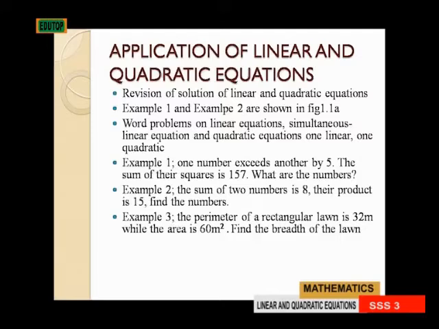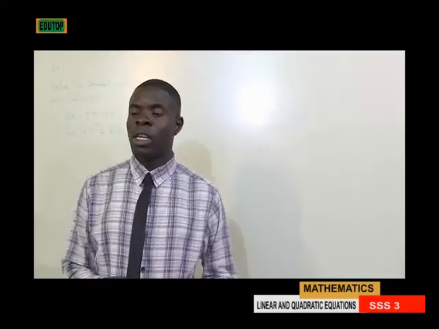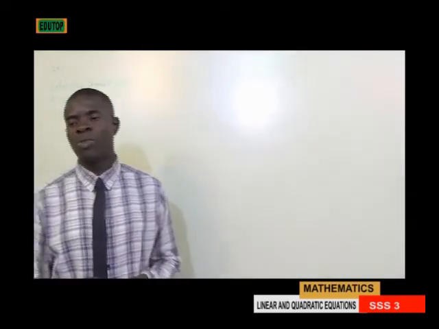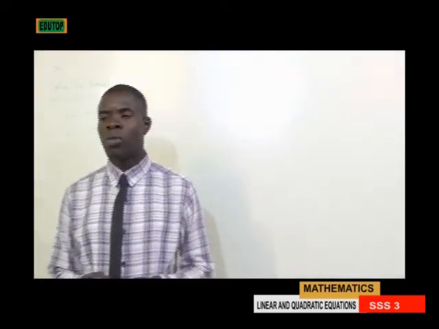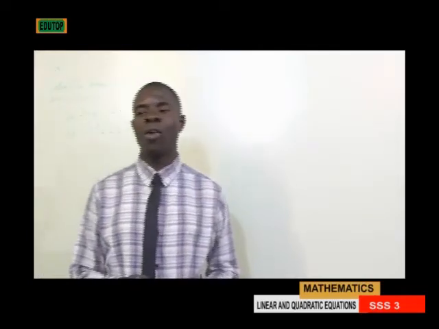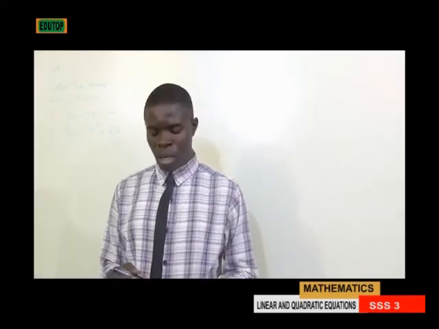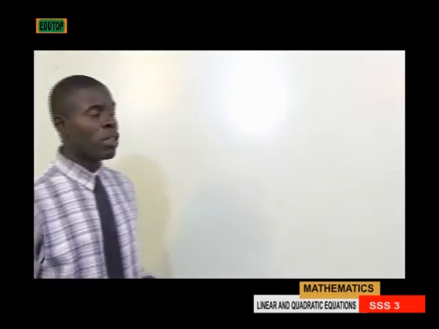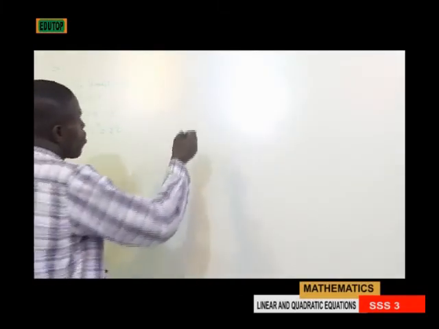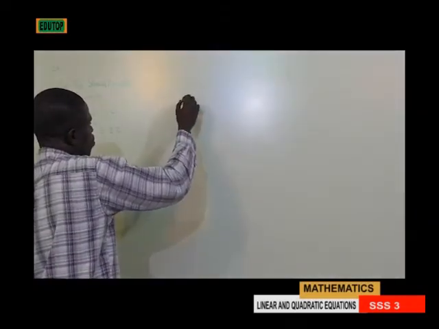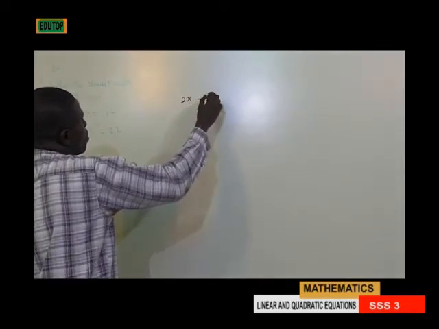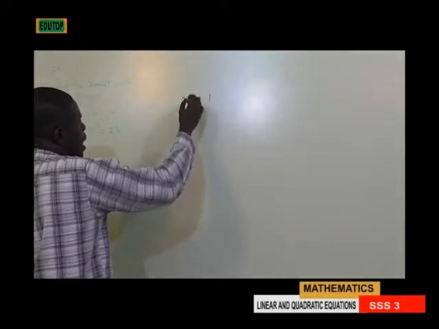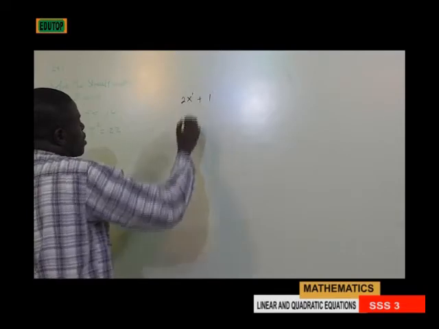Application of linear and quadratic equations. Revision of solution of linear and quadratic equations. In the SS2 class, we've been able to deal with linear and quadratic equations effectively. When we say a linear equation, we are talking about an equation whose degree of x is 1.